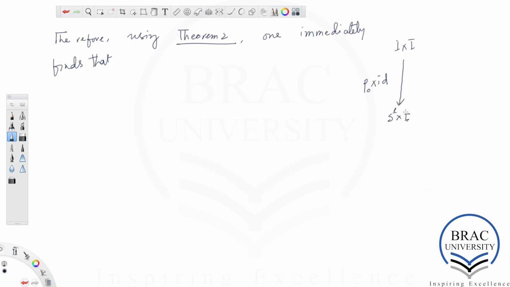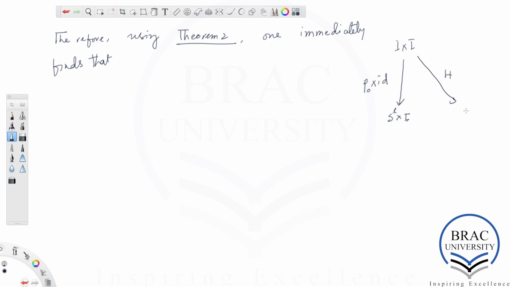And we have also shown that this map F is constant on all the pre-images under this map.